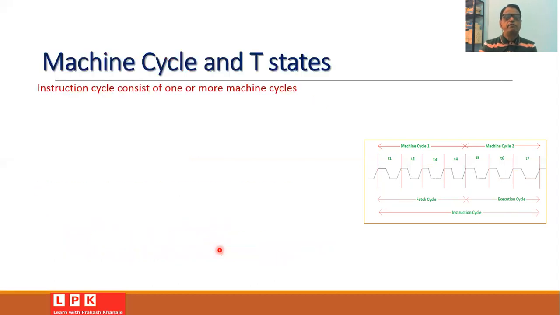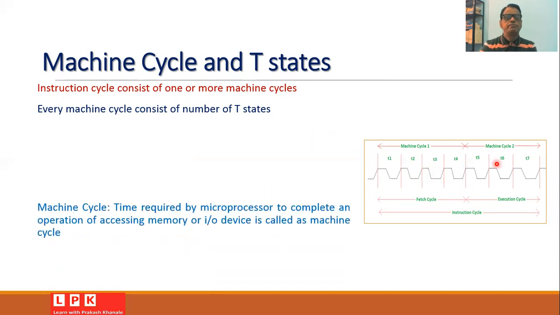Now let us understand what we mean by machine cycle and T states. An instruction cycle consists of one or more machine cycles. As shown in this diagram, for example, this instruction cycle consists of 2 machine cycles, and every machine cycle consists of a number of T states. For example, the first machine cycle consists of 4 T states, and the second machine cycle consists of 3 T states.